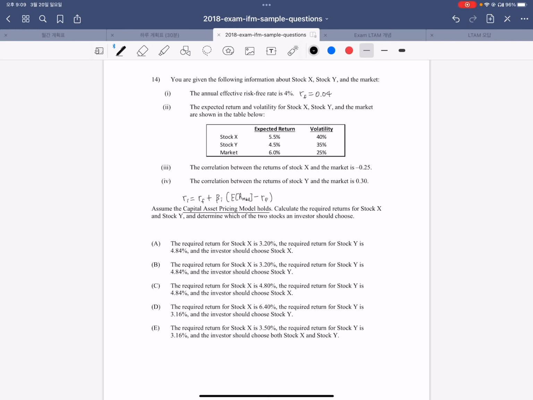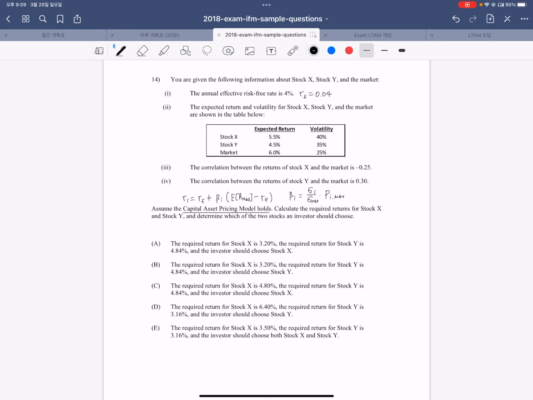And we're not given beta of the asset, but we can express beta of an asset as volatility of the asset over volatility of the market times correlations of the asset and the market.